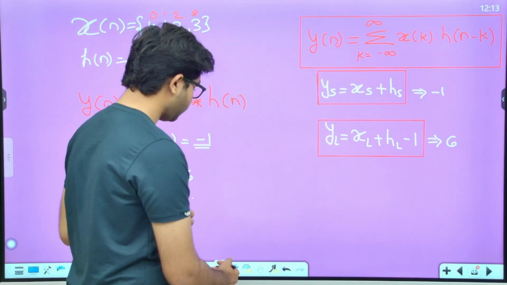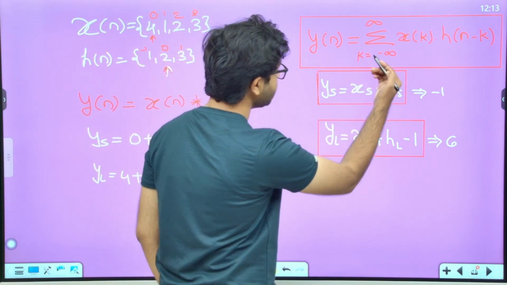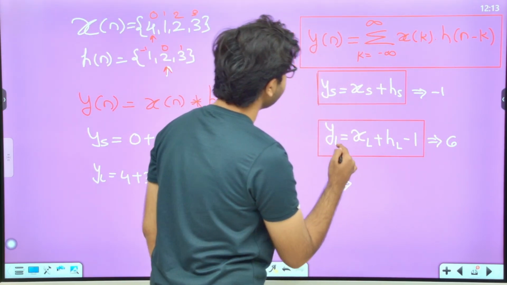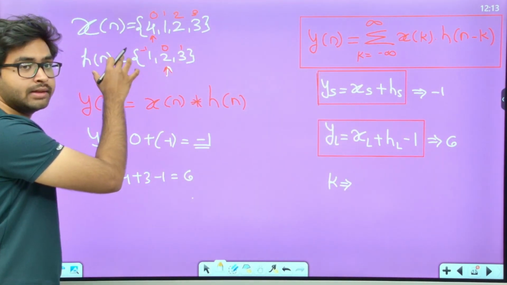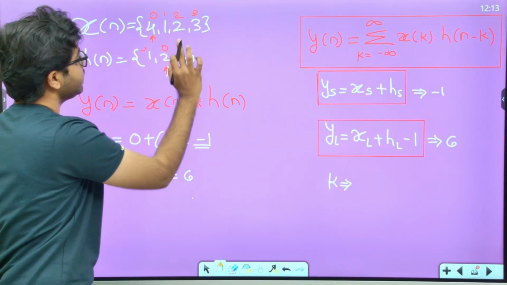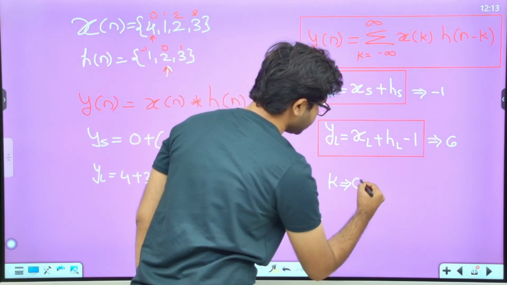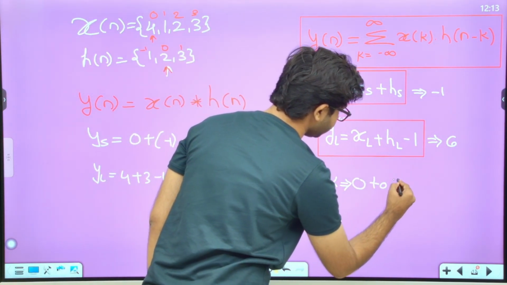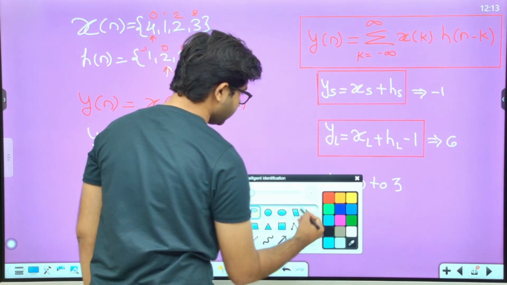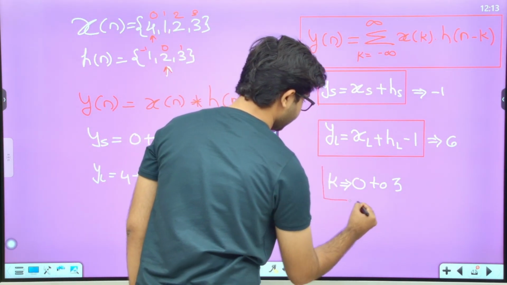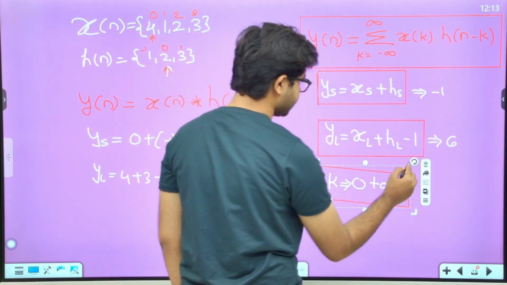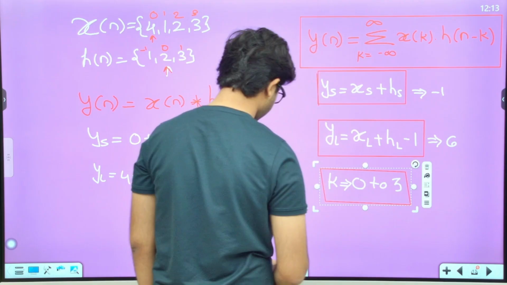One more part we are missing is the range of k. What will be the range of k? K depends on x of n, the given input signal. If x of n goes from 0 to 3, then k goes from 0 to 3 as well. The range of k is the same as that of the x of n sequence.